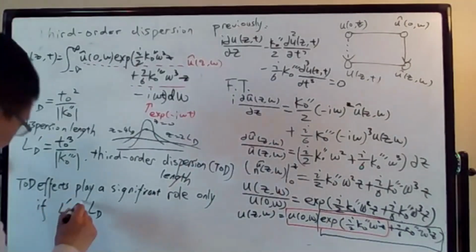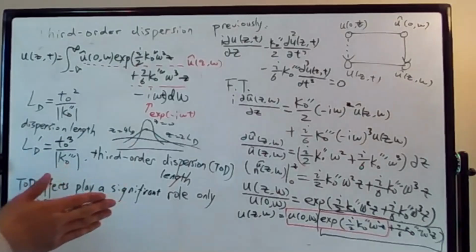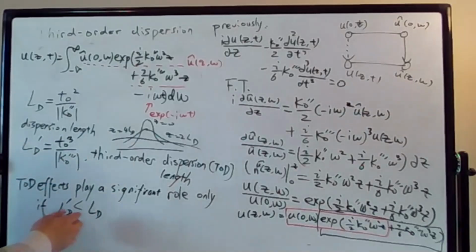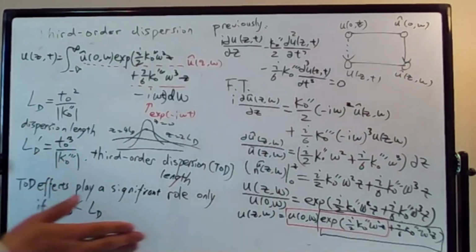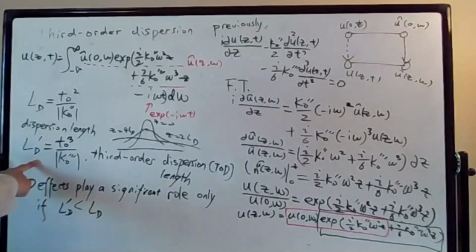The reason is that this is the dispersion length. If the third order dispersion length is way less than the dispersion length, that means I'm going to reach the third order dispersion length first.